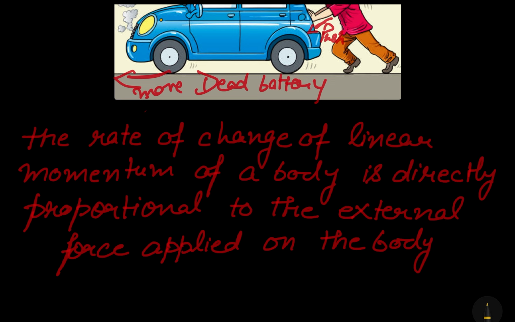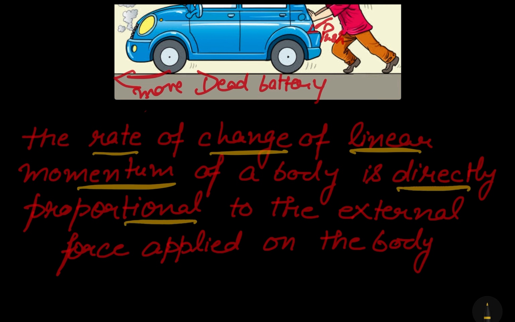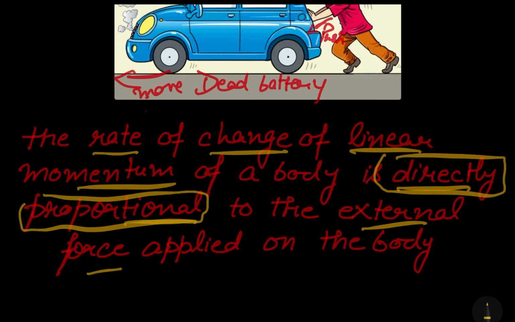It states that the rate of change of linear momentum is directly proportional to the external force applied on the body. What is the meaning of directly proportional, students? Directly proportional means the more the force, the more the change in momentum. Both are in direct proportion. If one increases, the other also increases. If the force increases, the change in momentum will also increase.